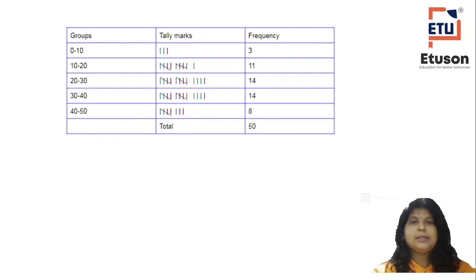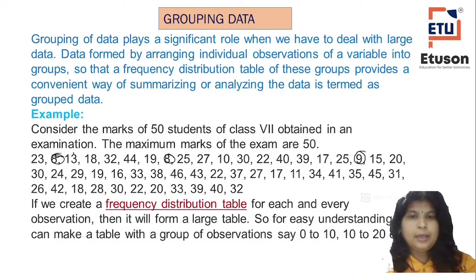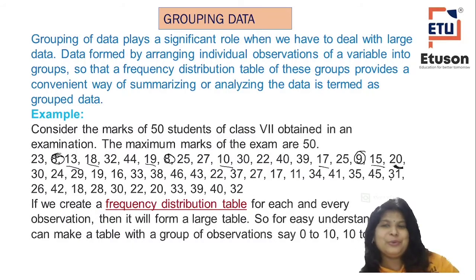Now let us consider 10 to 20, it is 11. How was it 11? Let us check. You have 13, 18, 19, 10, 17, 15, 20. Sorry, 20 we cannot take. Why? Because 20 is the lower limit for the next category. So don't get confused. 20 we cannot take for 10 to 20. 20 will come in 20 to 30.